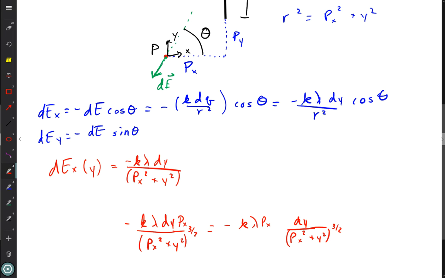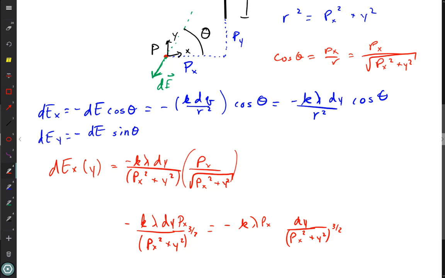So that's the first term. And then for cosine theta, I have px over r, so over the square root of px squared plus y squared, right? Cosine theta.